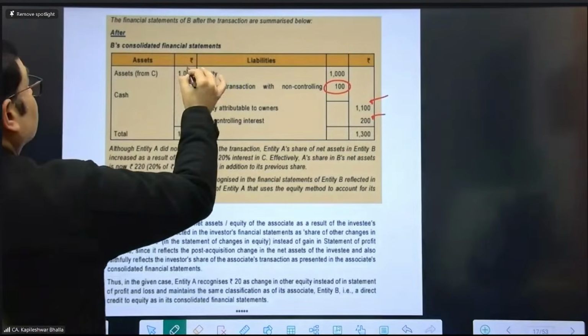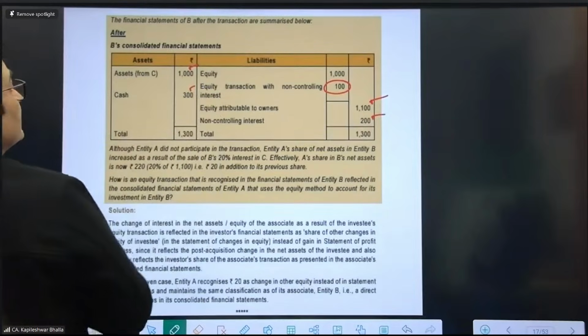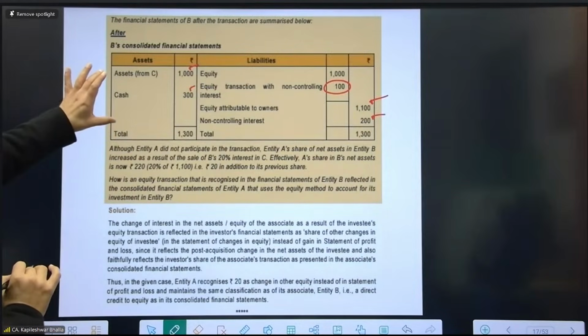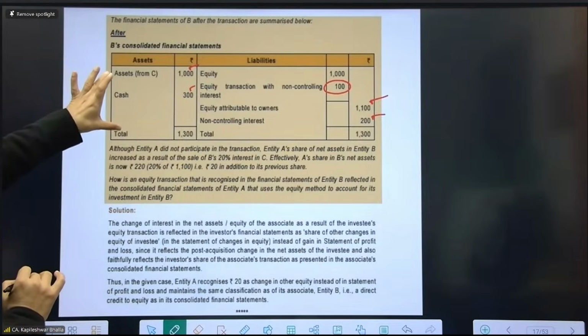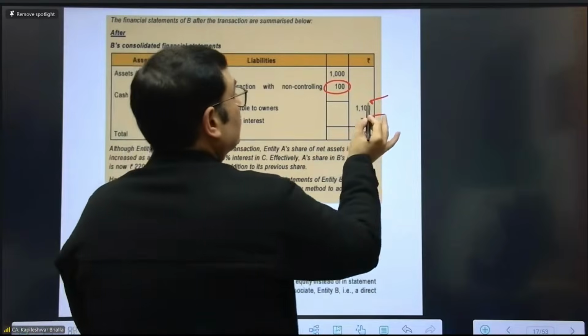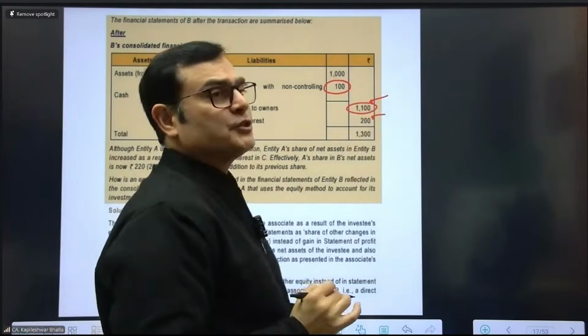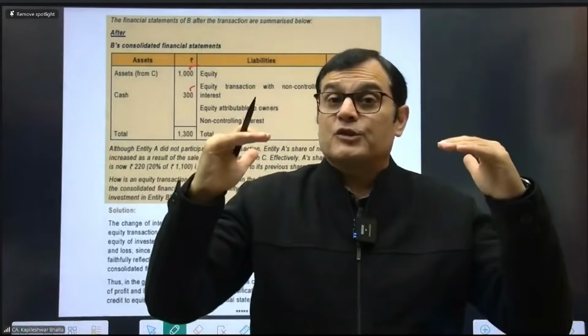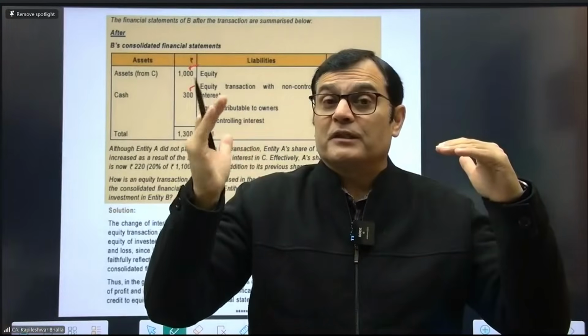And the assets were 1000 and the cash is received on the sale. So this is the consolidated financial statements of B after he sold a 20% stake in C company. But this led to an increase in the equity of the associate company. The associate company did not earn a profit in the P&L.